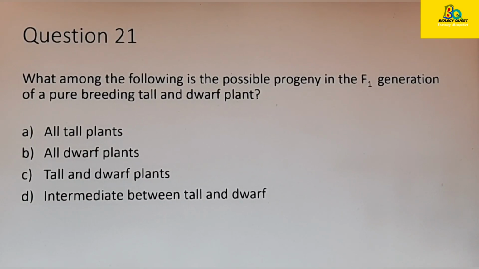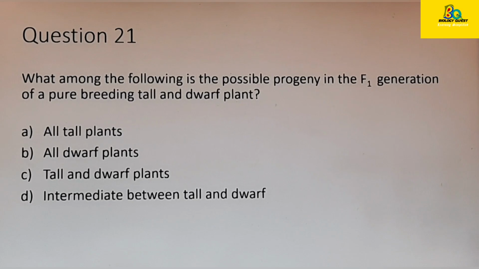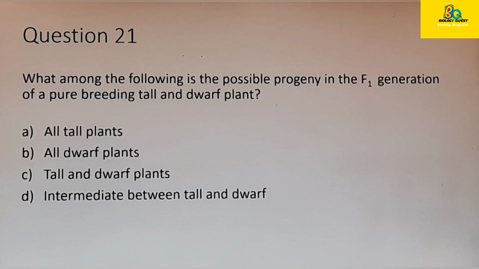Next question. Which among the following is the possible progeny in the F1 generation of a pure breeding tall and dwarf plant? So here, to find the progeny in the F1 generation, a pure breeding tall means it will be in the homozygous condition.